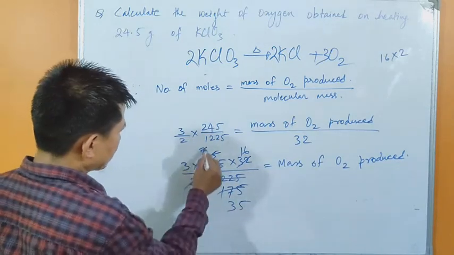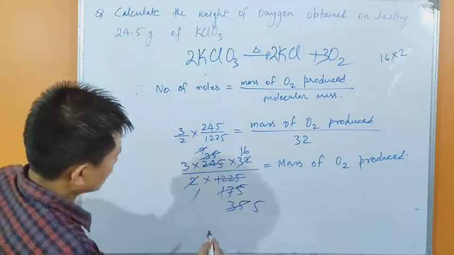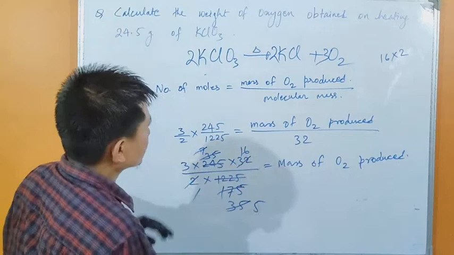Now 7 1s are 7, 7 5s are 35. Now you cannot cancel any more. Okay, 3 and 16. Let me erase this.